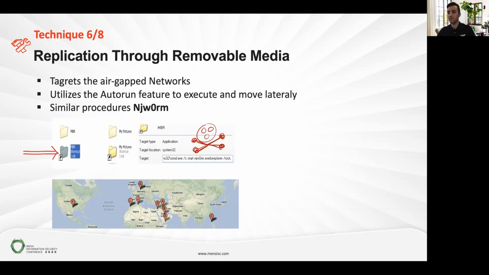And all those shortcuts are going to be pointing to a malware executable. Okay, so when the user clicks on one of those shortcuts to open what he thinks is a normal folder, he will technically be initiating the malware execution. So this is a critical technique when it comes to the air-gapped network.